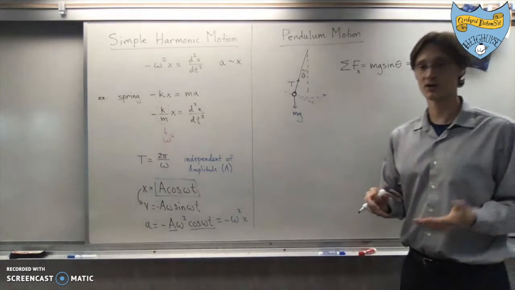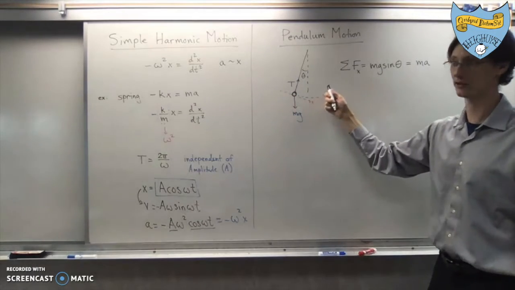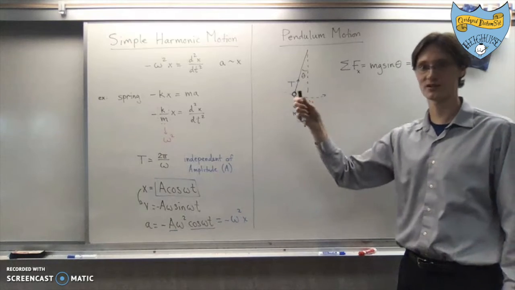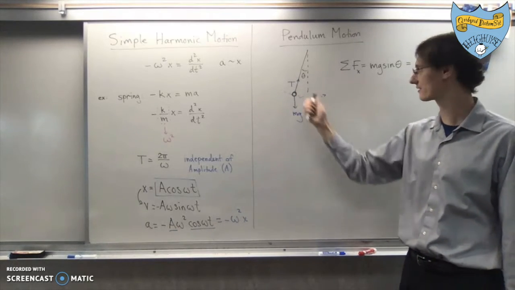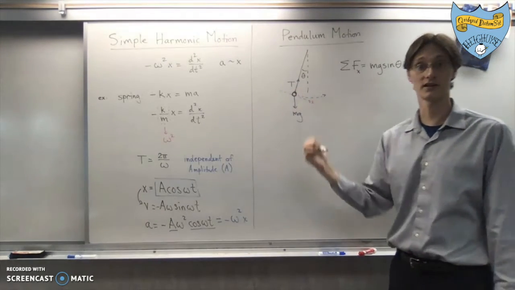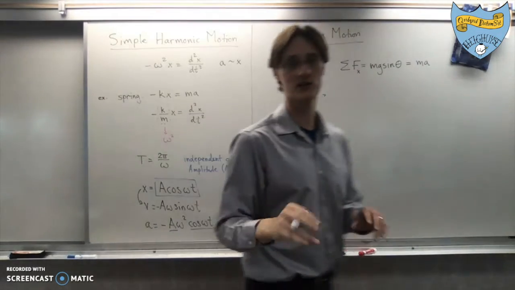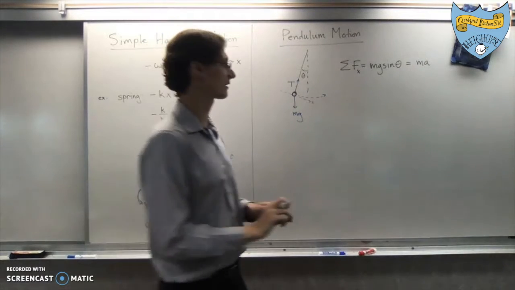For pendulum motion, it's angular though, okay? It's not actually that helpful to talk about linear stuff because it's not just moving back and forth in a linear sense, it's actually moving along a circular arc. So instead of talking about linear acceleration, we are going to talk about angular acceleration.